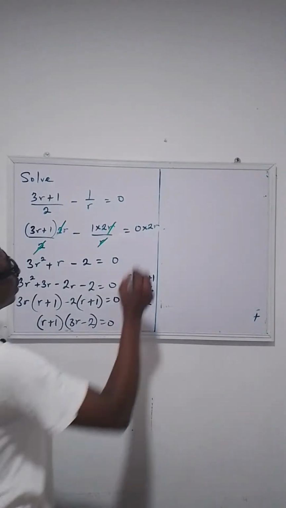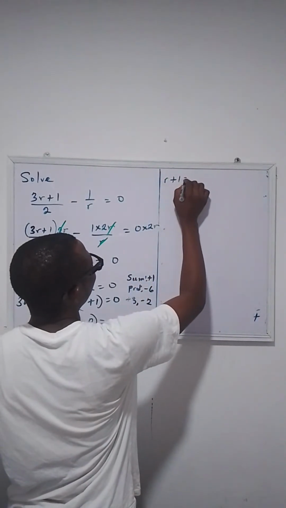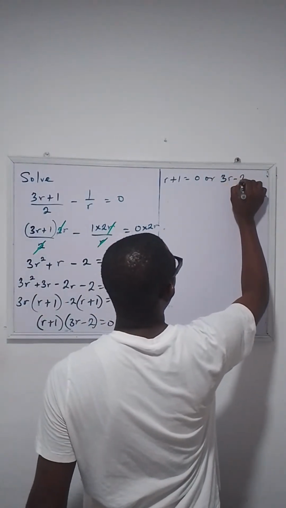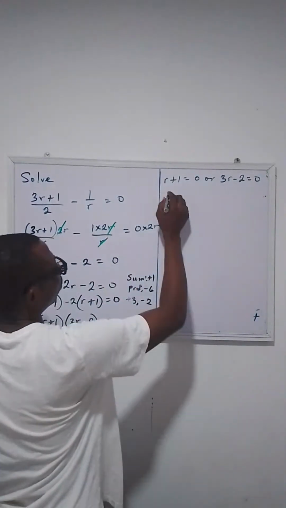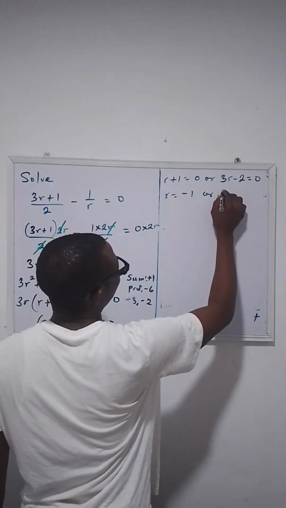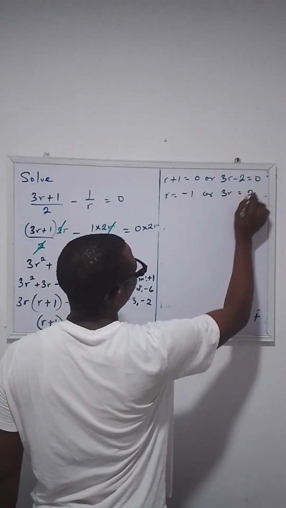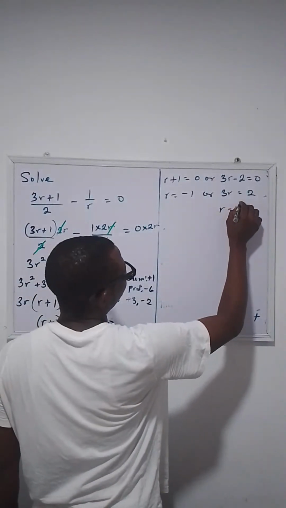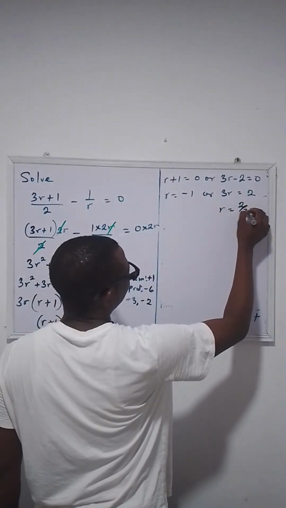So it's either r plus 1 equals to 0 or 3r minus 2 equals to 0. So we have r equals to -1 or 3r equals to 2. So here you can divide both sides by 3. So we have r equals to 2 over 3.